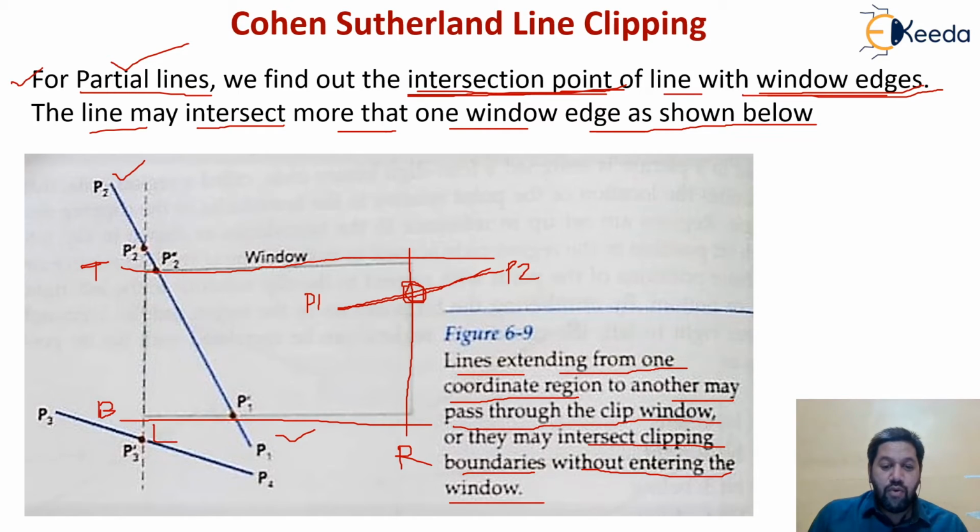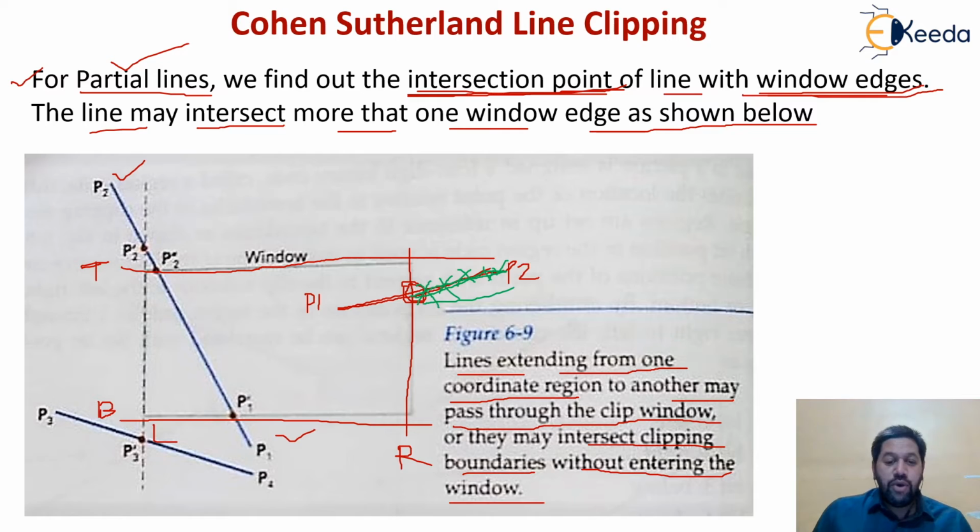Suppose I call this my intersection point. Now the line from P2 to this point is totally invisible or totally outside, so this part is clipped or rejected. So this part is removed and I will retain only this part, and I can perform the clipping operation.